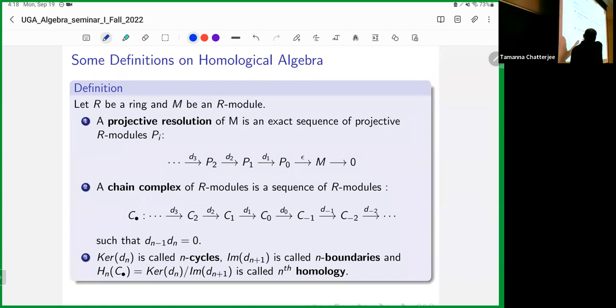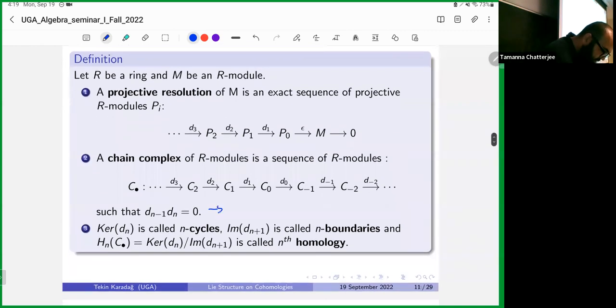And we call this a chain complex of R when d_{n-1} d_n equals 0. In this case, this is another way to say the image of d_{n+1} is included in the kernel of d_n. So basically, if you take any projective resolution, it is a chain complex.